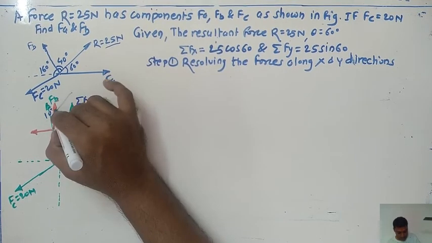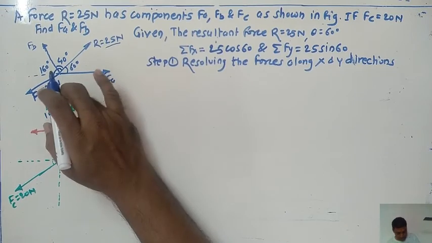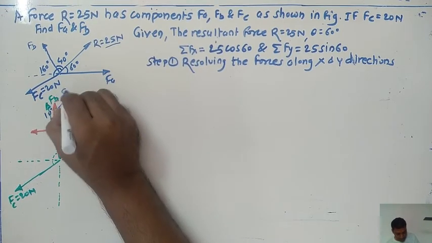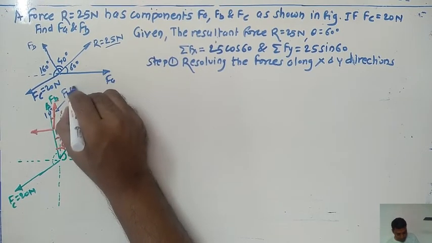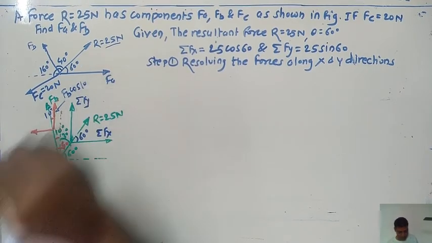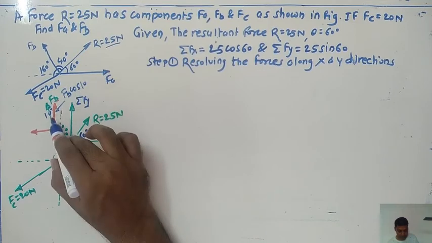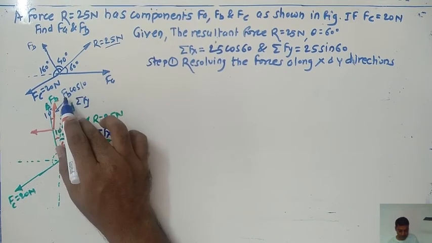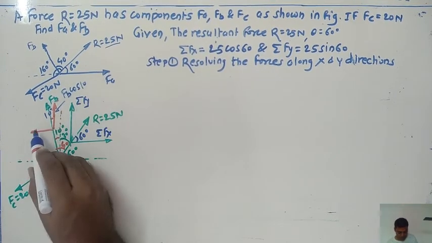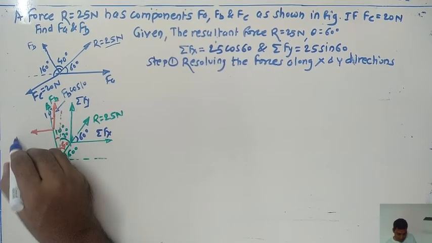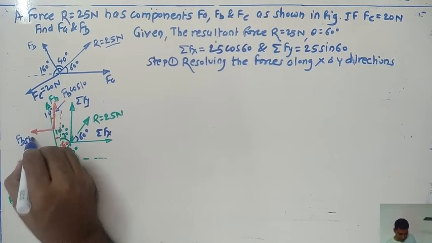So this component must be FB cos 10. In the previous cases the horizontal component always came with cos, but in this case the vertical component is FB cos of 10 degrees. And the remaining one is FB sine of 10 degrees.